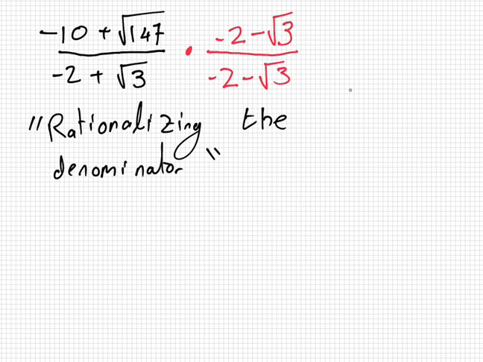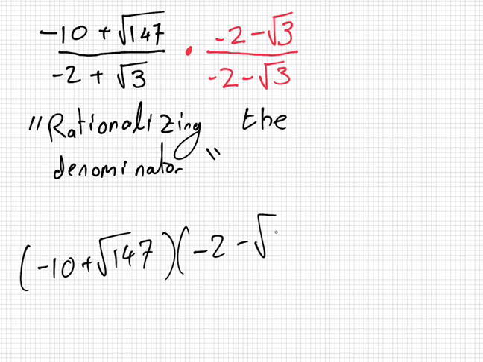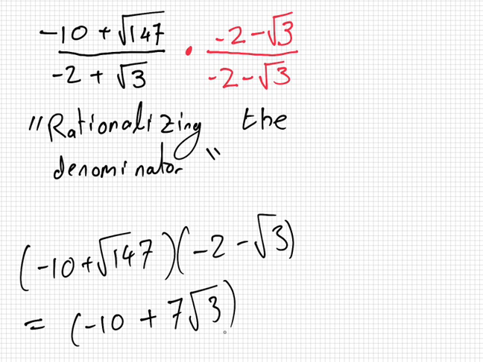Now, what we have is this problem on the top, and then this second one on the bottom. So let's do this one on the top first. I think we can do something about this 147. That will be 49 by 3, so that's 7 root 3, is it? And this is minus 2 minus root 3.